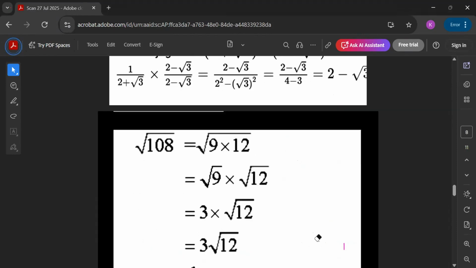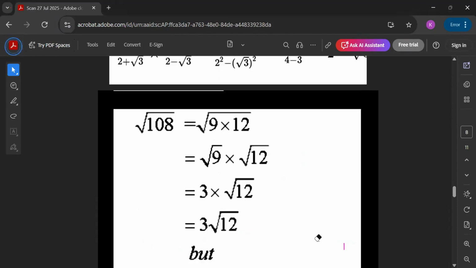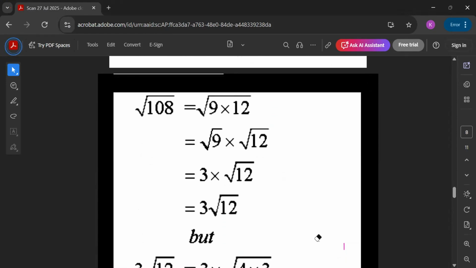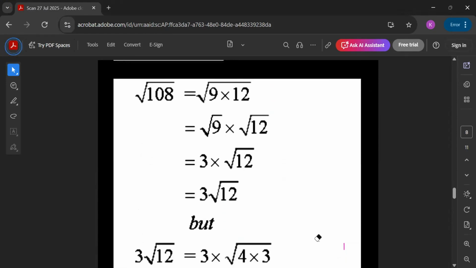Here are some more examples for the multiplication or resolving of surds. Square root of 108. You remember I told you to take factors. So 9 twelves is 108. Then separating out root 9 and root 12, we get 3 multiplied by root 12.